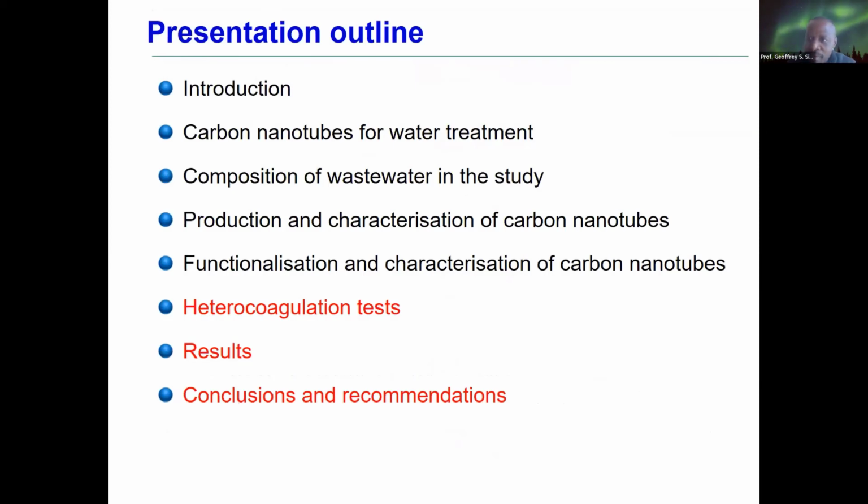This background is just to maybe excite people who might be interested in pursuing studies in the use of carbon nanotubes, or maybe even its production. Thereafter, I'll deal with the objective of our study, which was to assess the feasibility of carbon nanotubes as coagulants.